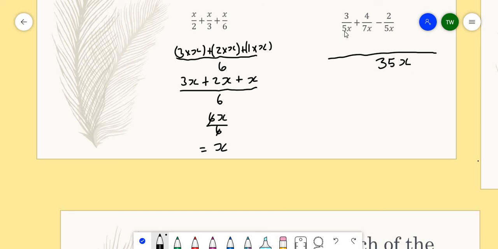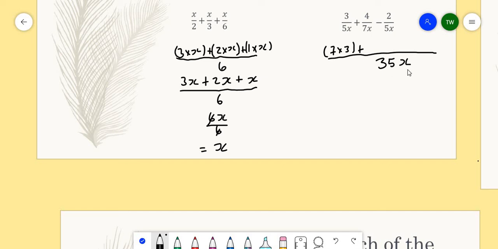We're going to take each denominator here to divide our common denominator and take the result to multiply the respective numerator. So 5x into 35x, that's going to give us 7. We're going to take that 7 to multiply the numerator of 3 here. And we'll put that in our bracket. Put back our plus sign.